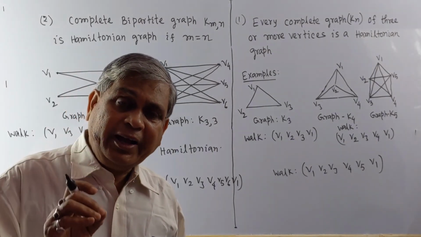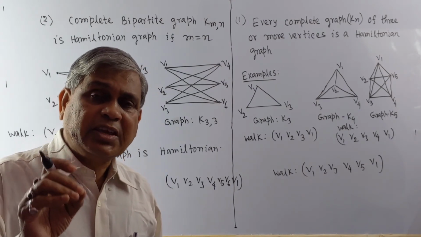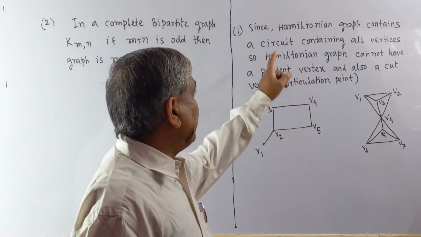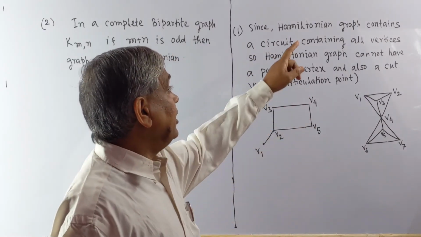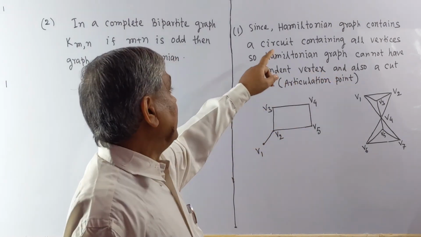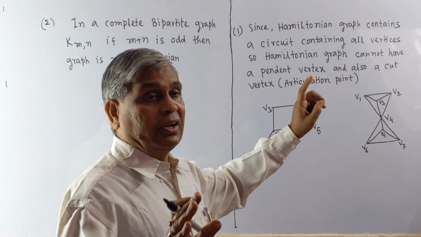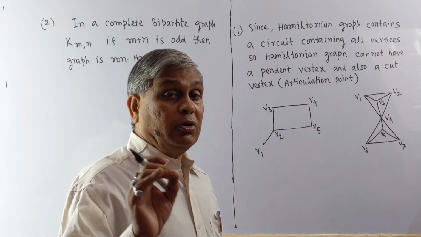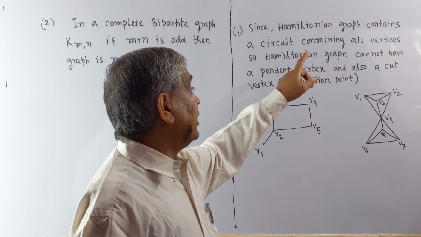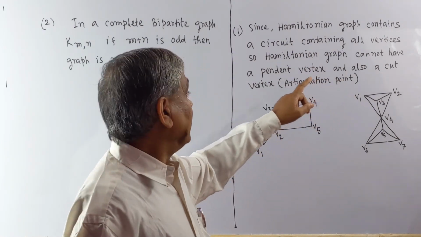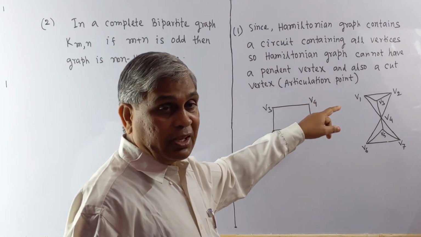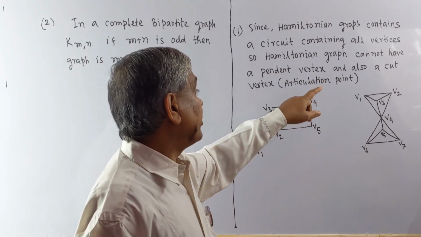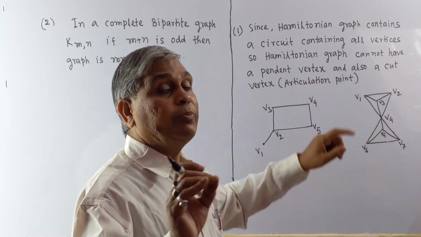Now, we find in which cases graphs are not Hamiltonian. Number 1, since Hamiltonian graph contains a circuit containing all vertices, Hamiltonian graph cannot have a pendant vertex and also a cut vertex. Another name of cut vertex is articulation point.